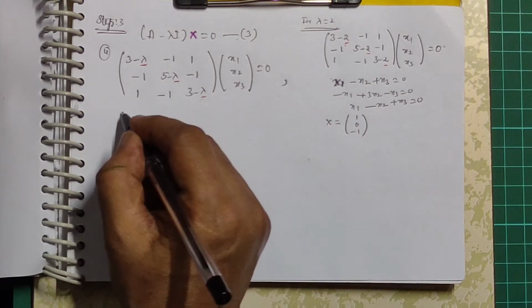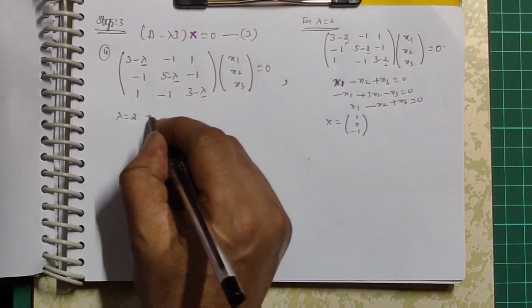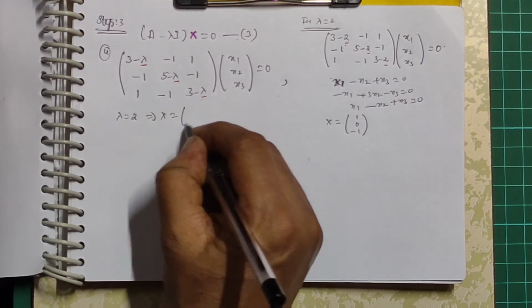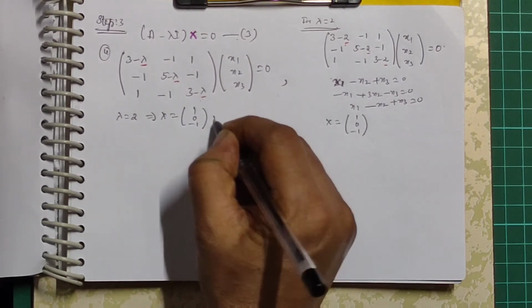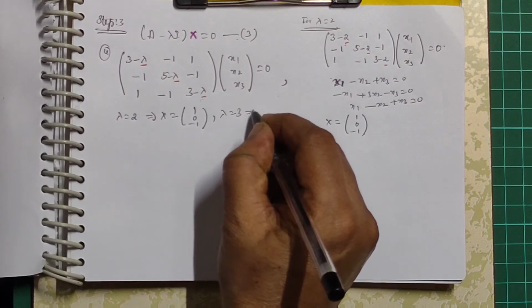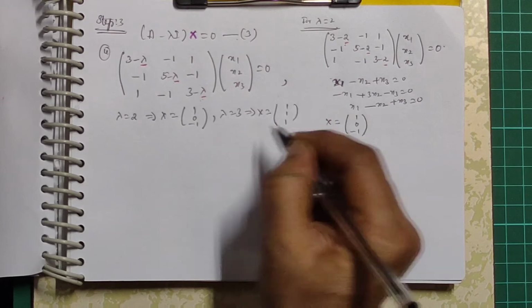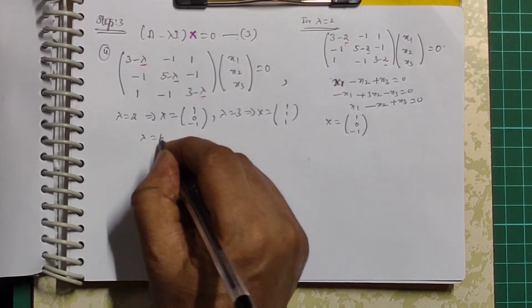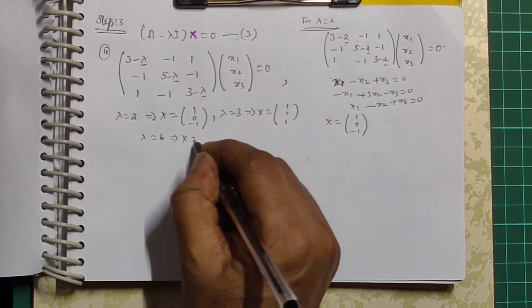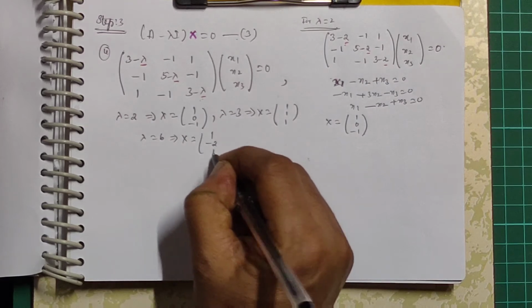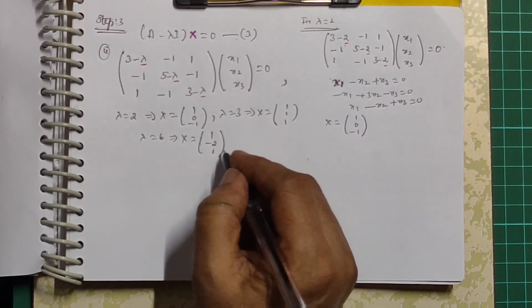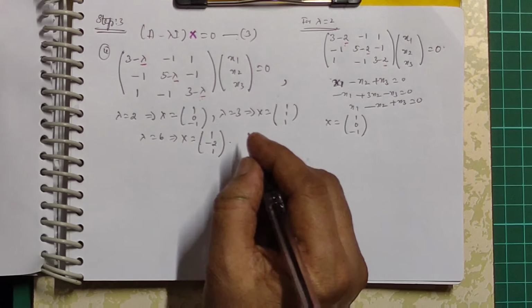So for lambda equal to 2, we got the eigenvector as 1, 0, minus 1. For lambda equal to 3, we get the vector as 1, 1, 1. And for lambda equal to 6, we get the vector x as 1, minus 2, 1. Again, I repeat, for more clarification, you can refer to part 2.